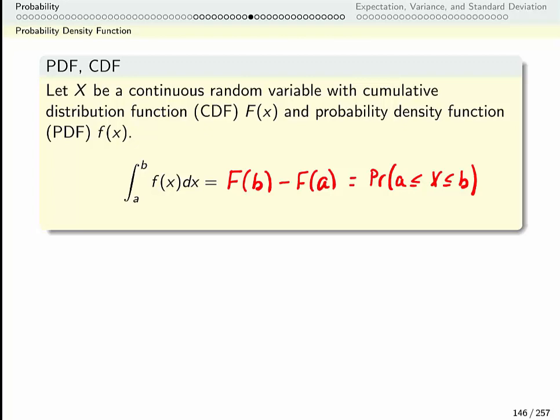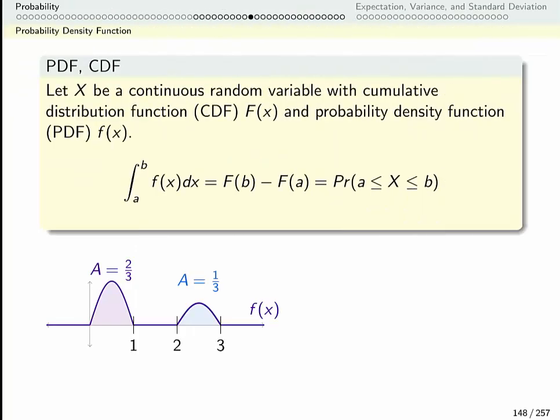So one really useful way to interpret the probability density function is as a function where if I take the area under the curve in a certain interval, that's the probability that the value of my random variable falls inside that interval.